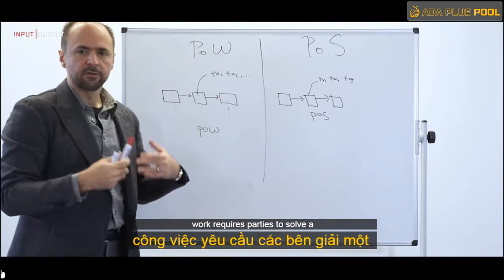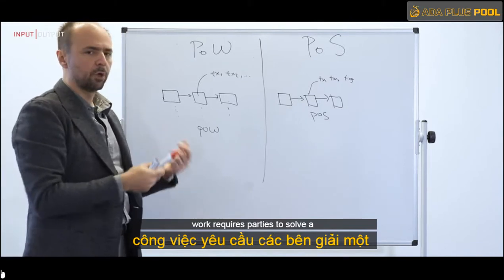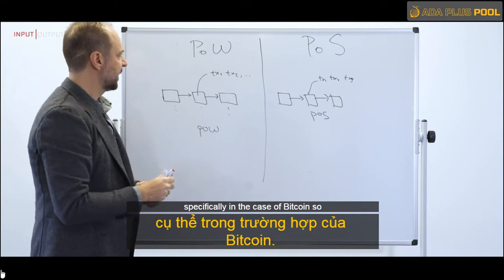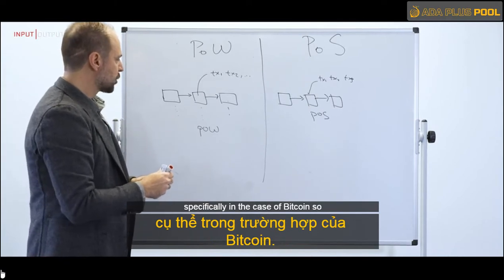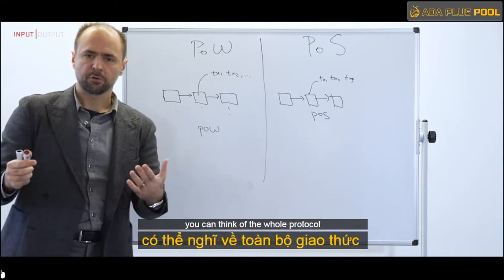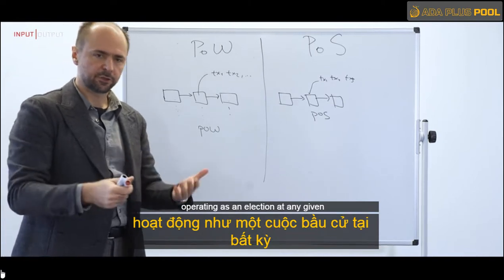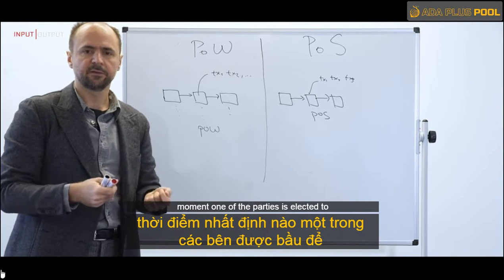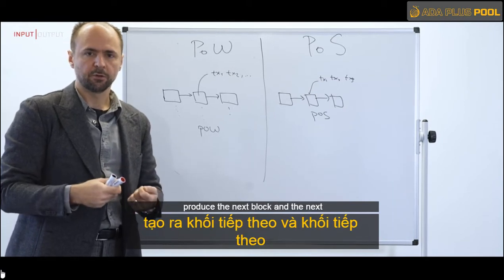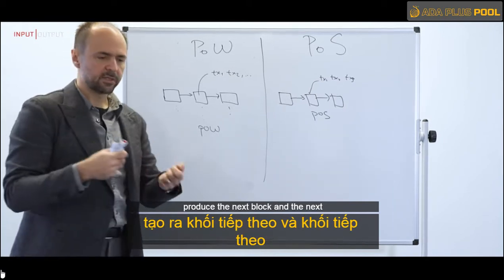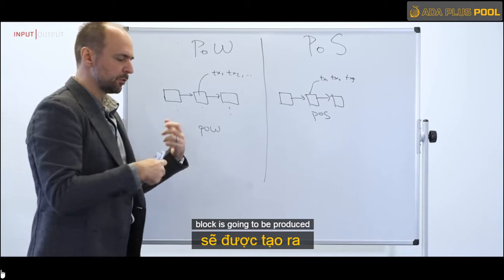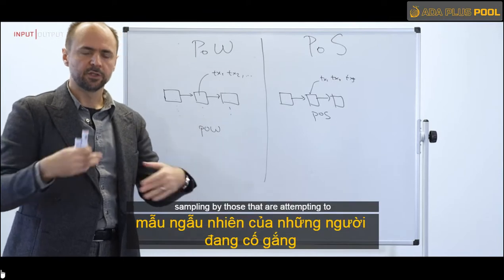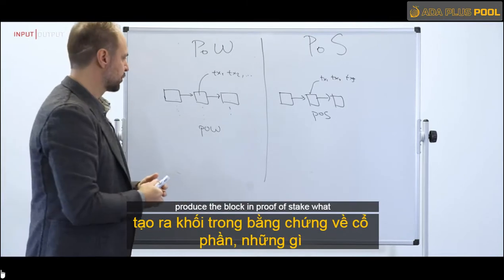Producing a proof of work requires parties to solve a moderately hard cryptographic equation or inequality, specifically in the case of Bitcoin. So you can think of the whole protocol operating as an election. At any given moment, one of the parties is elected to produce the next block. And the next block is going to be produced basically at random. It's a random sampling by those that are attempting to produce the block.